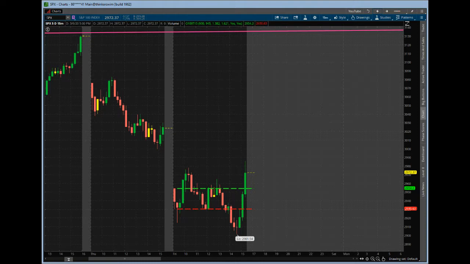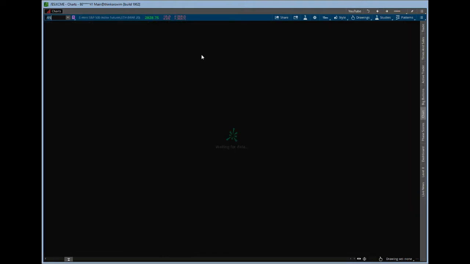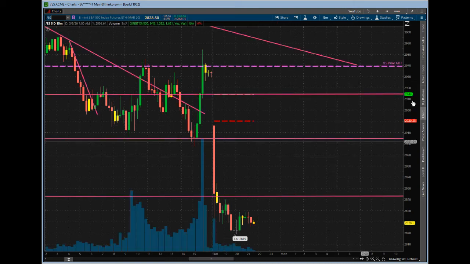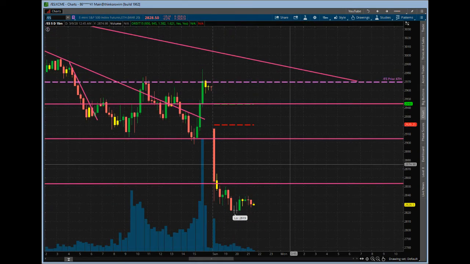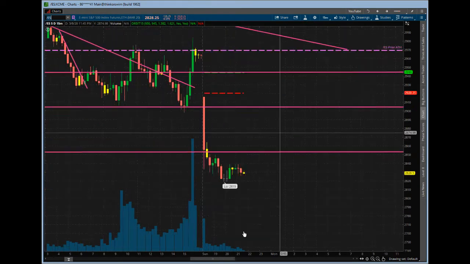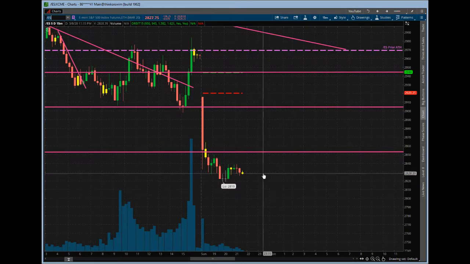Let's go back to the 15-minute chart here and see what they're doing right now. So right now we are down 135 points. So we've been getting some questions about the limit down and all that stuff.